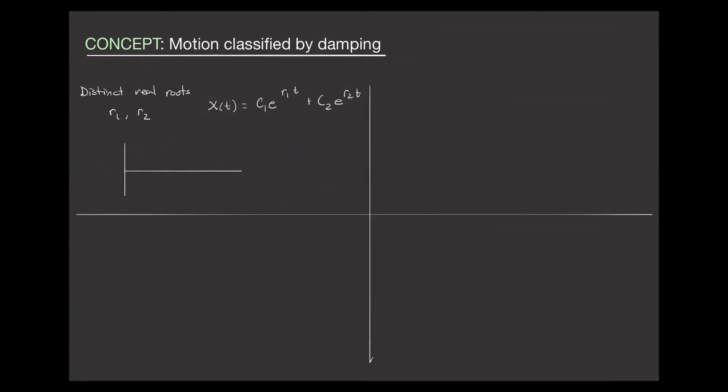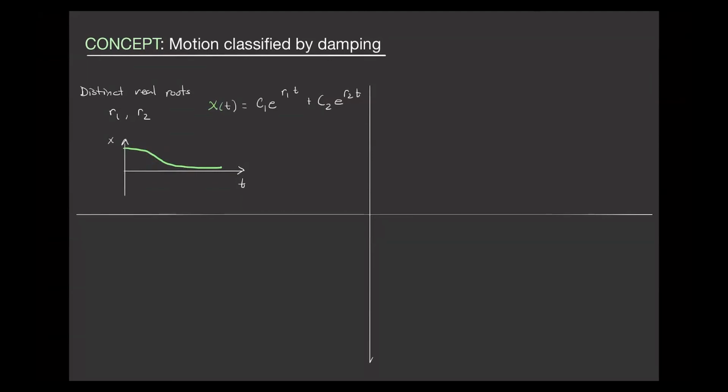The distinct real roots, if you were to graph this, and maybe I'll say green. If this is the t-axis, this is the x-axis, then what this looks like is roughly, again, it'll depend on your C1, C2, but the rough behavior is something like so, where it kind of is horizontal for a little bit, then it drops off, and then asymptotically approaches the t-axis.